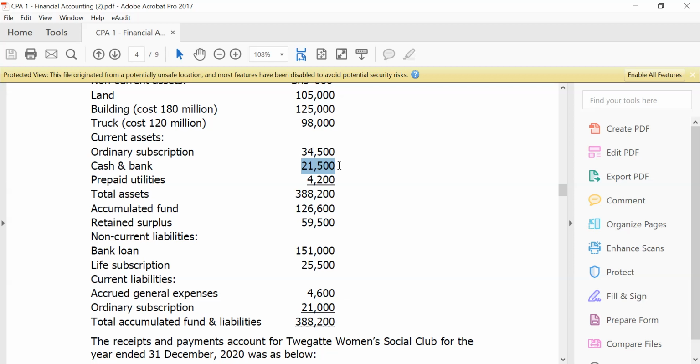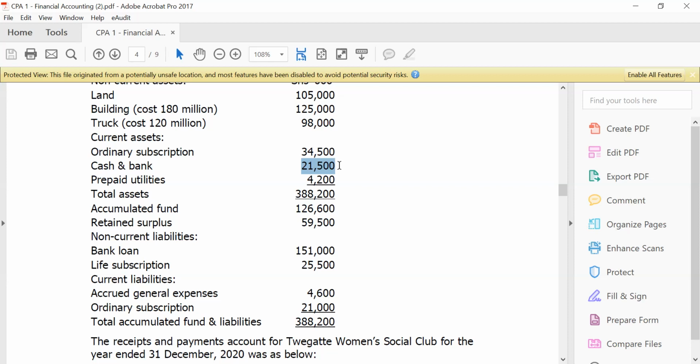Then after that, we have our total assets. Then we go to what we call our accumulated fund. Now, accumulated fund is what we have for non-for-profit, just as capital is for private businesses. Non-for-profit organizations don't have capital, but they rather have accumulated fund. Then we have what we call retained surplus.